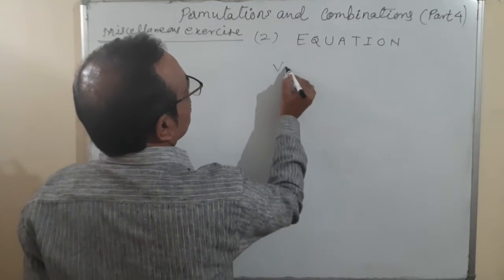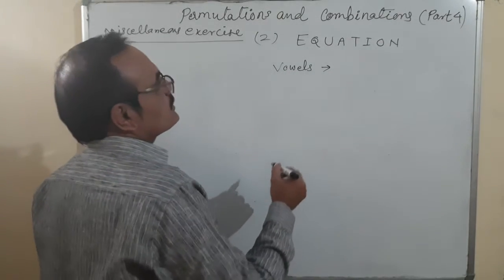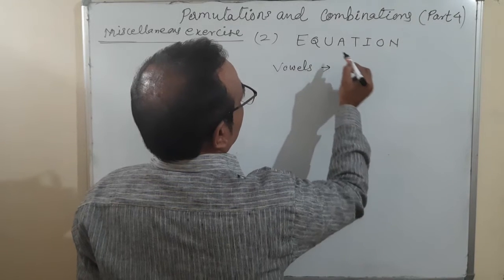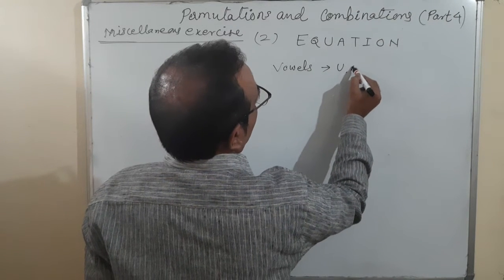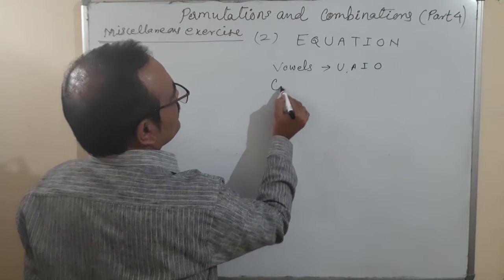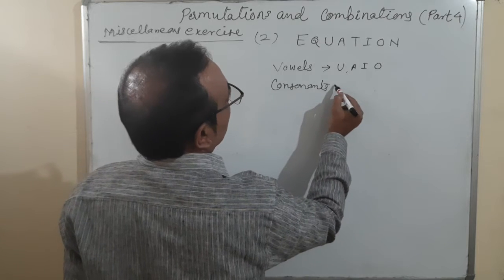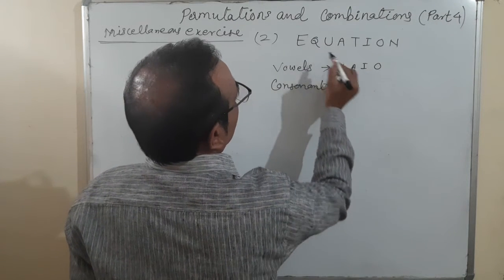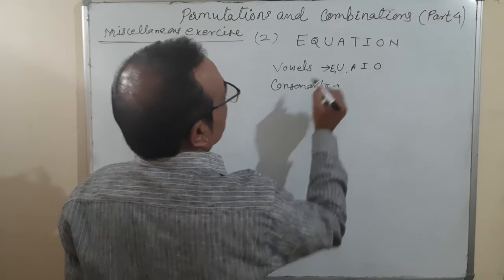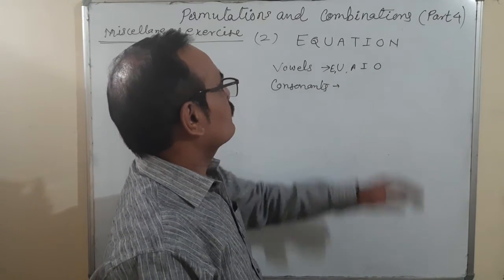Vowels: A, E, I, O, U. E is also a vowel, so E, U, A, I, O, all 5.